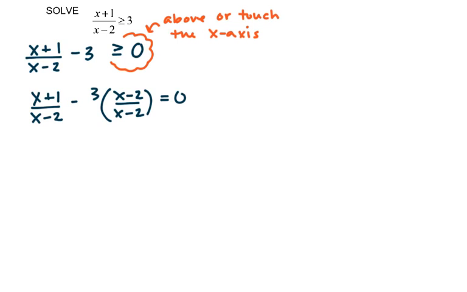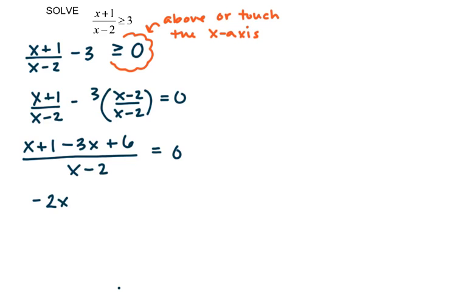And now I can add the numerators together. I have x plus 1 minus 3x plus 6 over x minus 2 equals 0. And combining like terms, I now have negative 2x plus 7 over x minus 2 equals 0.